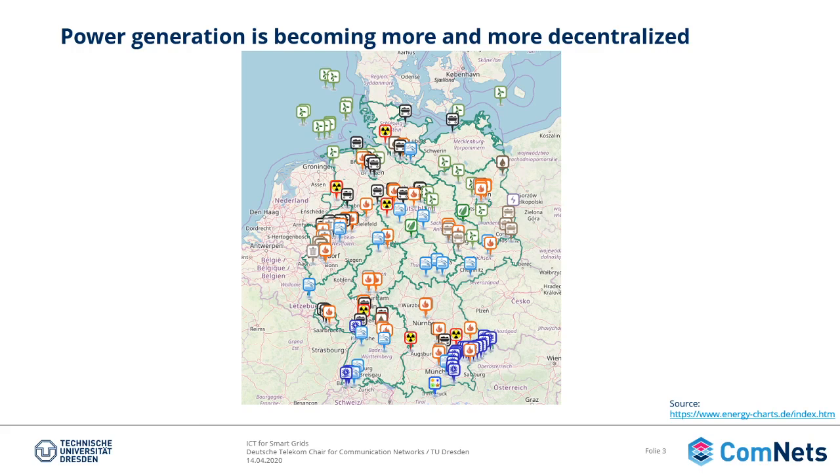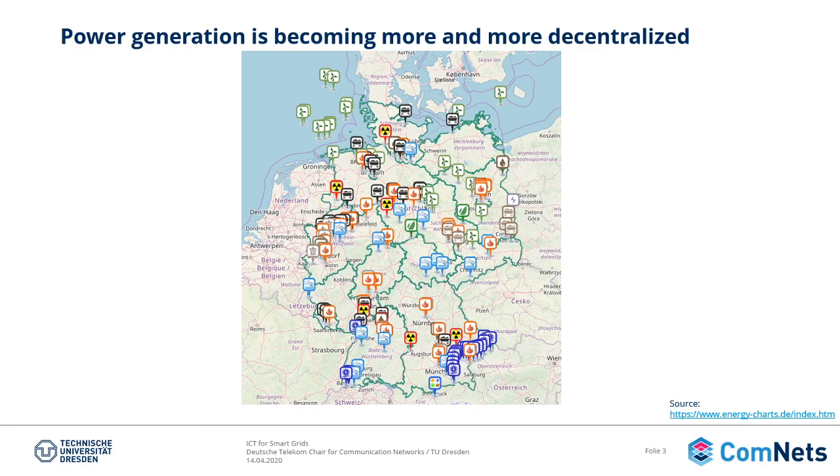However, right now let's look at this map, and in this map you see the icons denoting different power sources and where they are being generated. And as you can see, it is completely decentralized. So there's not a central location anymore that has all the concentration of power generation in Europe.